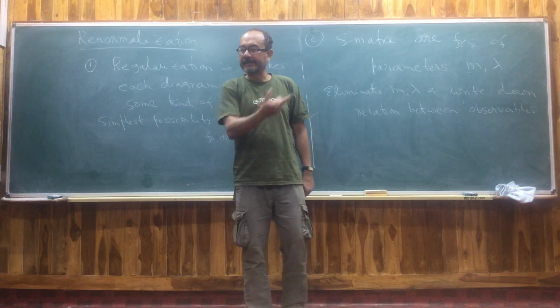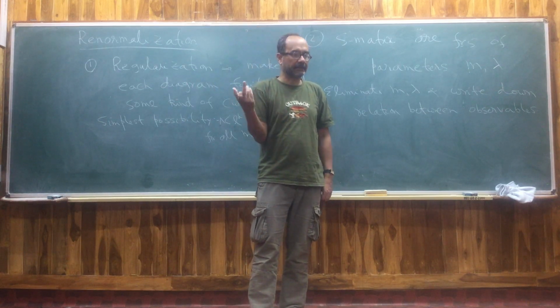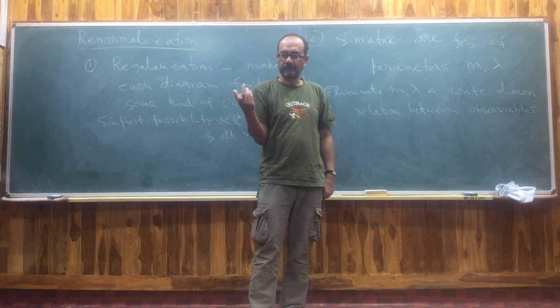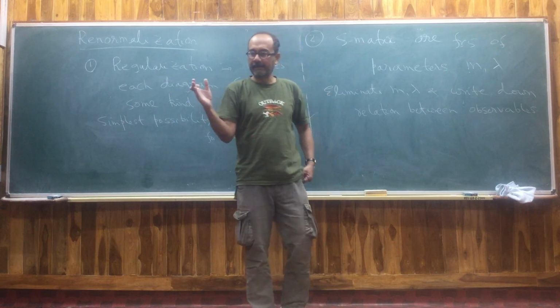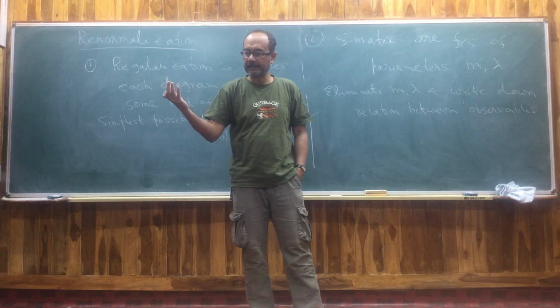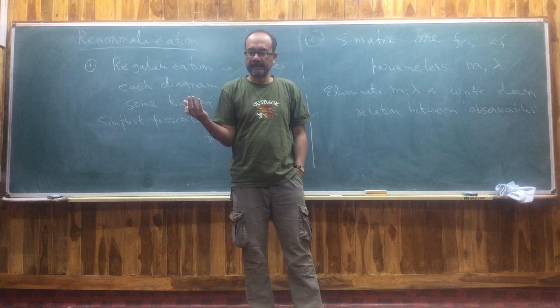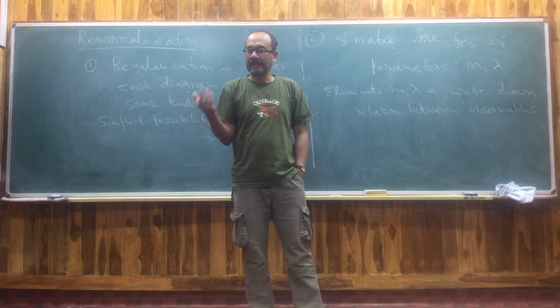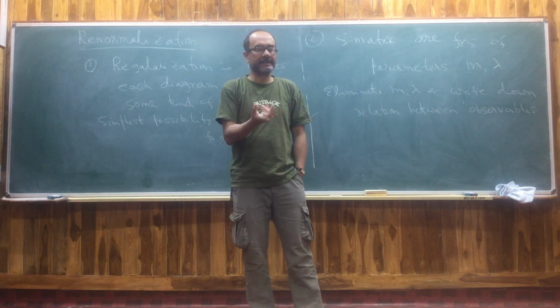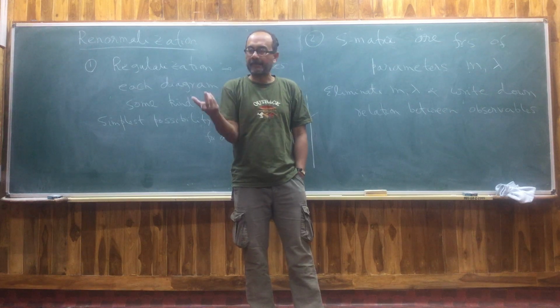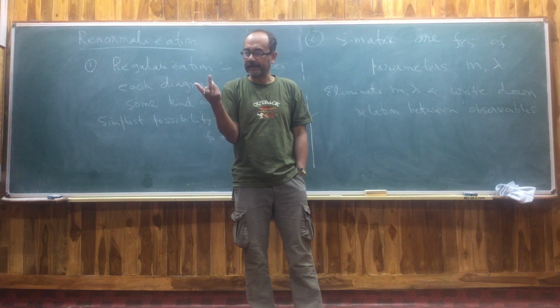You can ask, is this generating a finite relation? Does this relation remain finite as lambda goes to infinity? Is this clear? We are not asking if observable C given in terms of m and lambda remains finite as lambda goes to infinity.